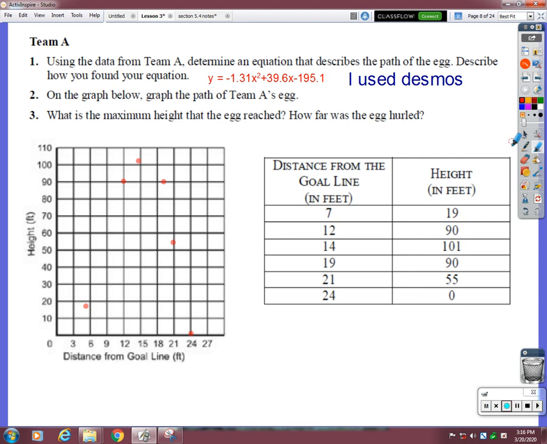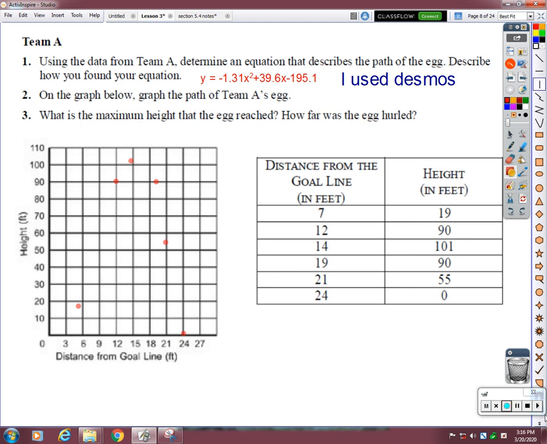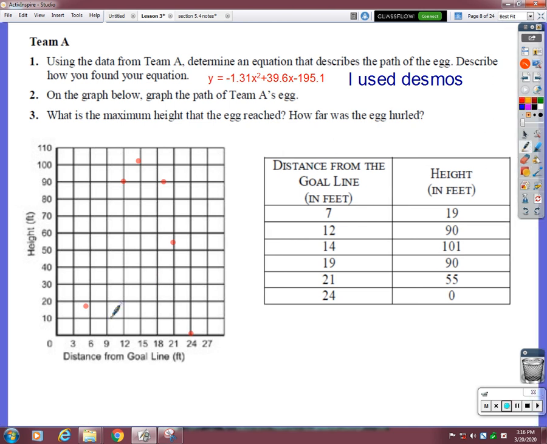So this is what I was talking about when we don't really know how high this egg went in the air, because this should be symmetrical, and it's not. Yesterday I was having trouble with this tool. I don't know why it keeps going away like that. Anyway, if I tried to draw a parabola here, then it would actually be maybe a little bit higher than that.